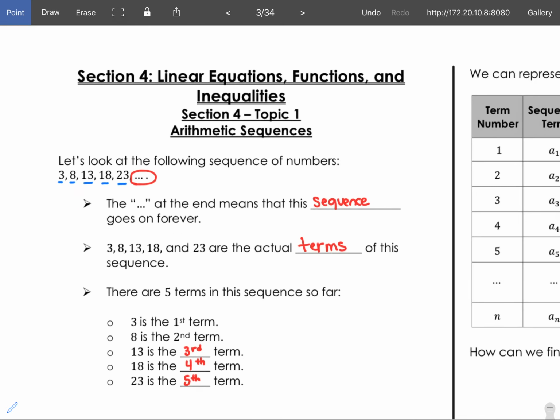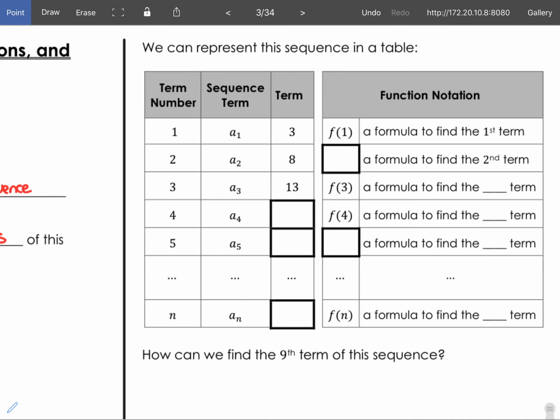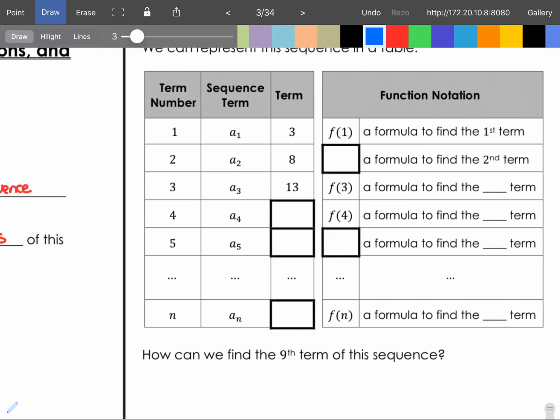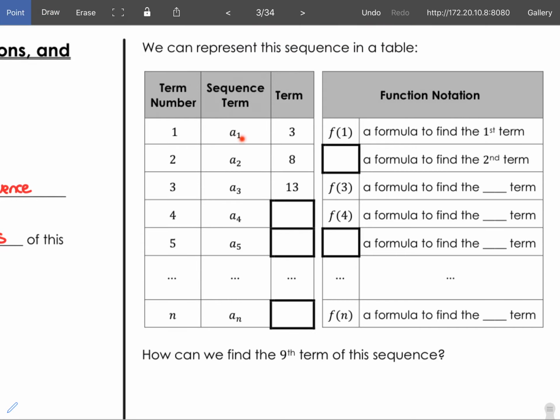All right, so we've got a table over here just to take a look at what different things represent. You're going to see these a's with little numbers. The way you read that is a sub 1, a sub 2, and a sub 3. That means the first term, the second term, the third term, the fourth term. Our first term, we can write as a sub 1, and that value is 3.